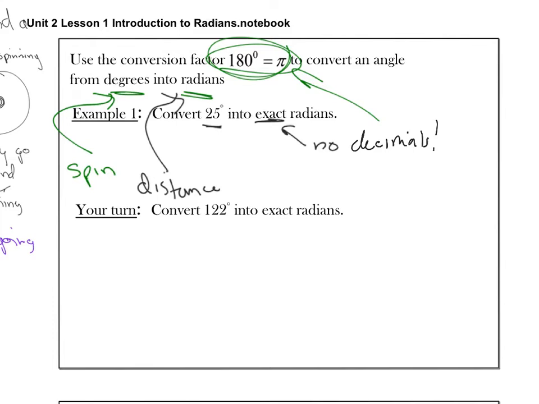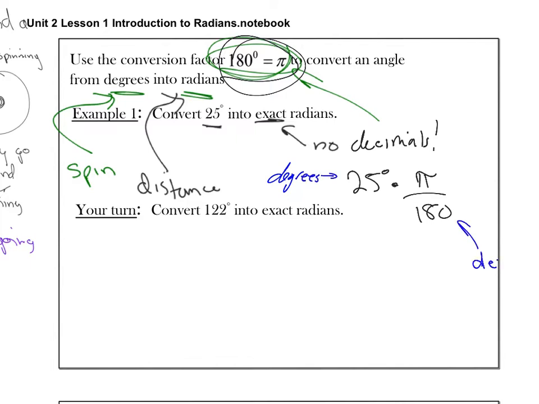So what I want to do is this. I'm going to take my 25 degrees, and I'm going to multiply it by pi over 180. I'm going to use this conversion like so. I set it up like that for this reason: I need degrees on the bottom over here.